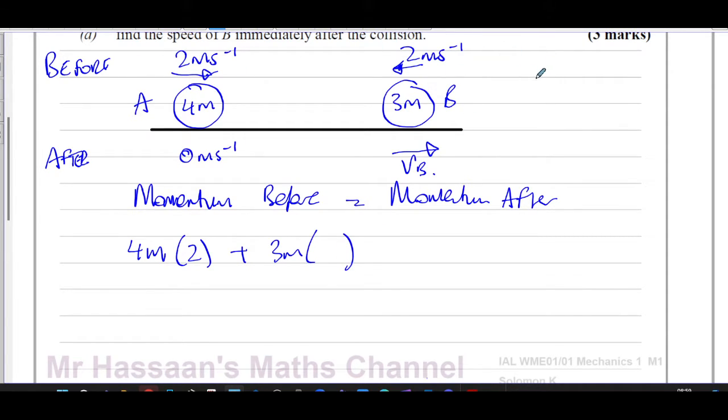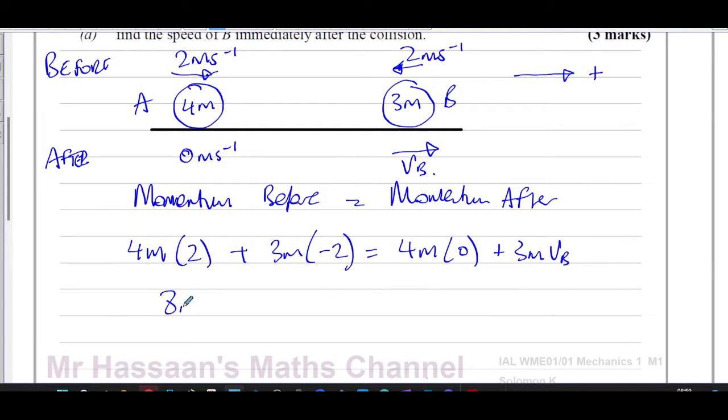If we take this side as positive, our velocity of B is going to be negative, so minus 2. That equals the momentum after, which is 4m times 0, plus 3m times the velocity of B, which we have to find.